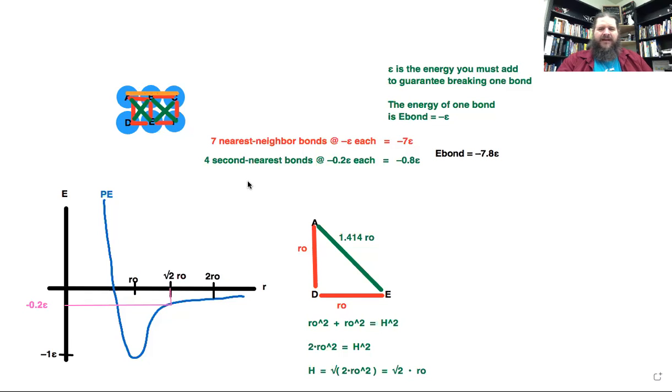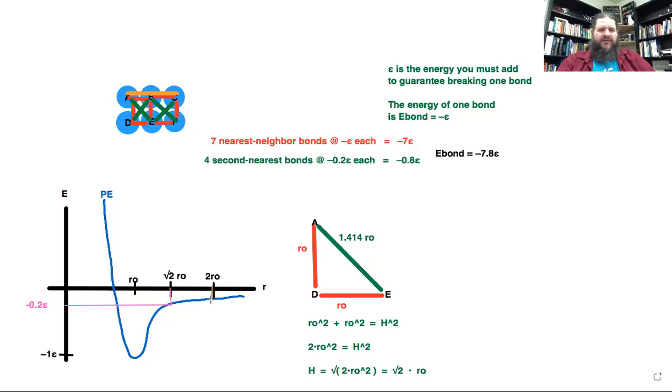How far is it from A to C? Remember, the distance from A to B is R naught. So from A to C would be how far? Yeah, 2 R naught.